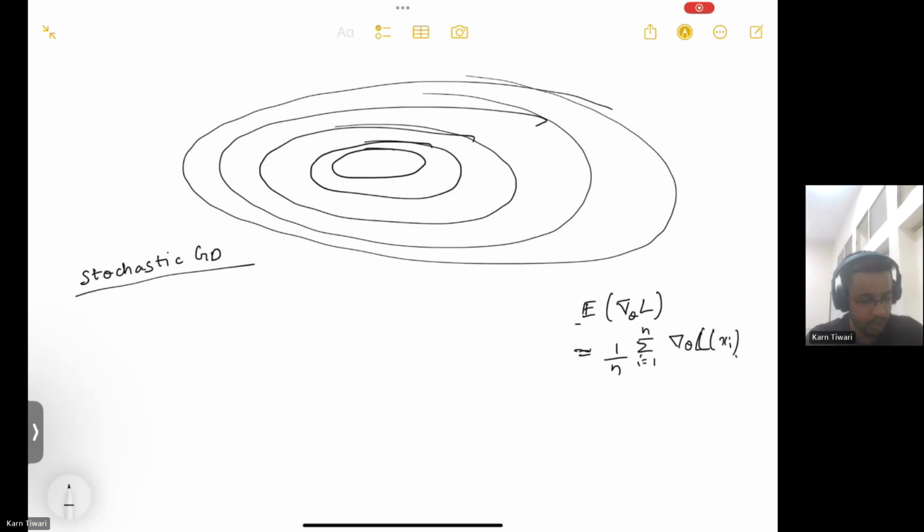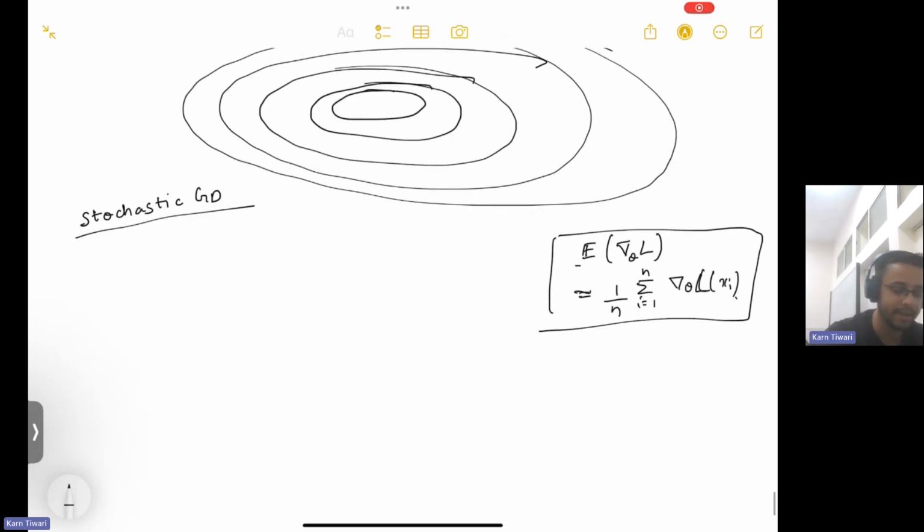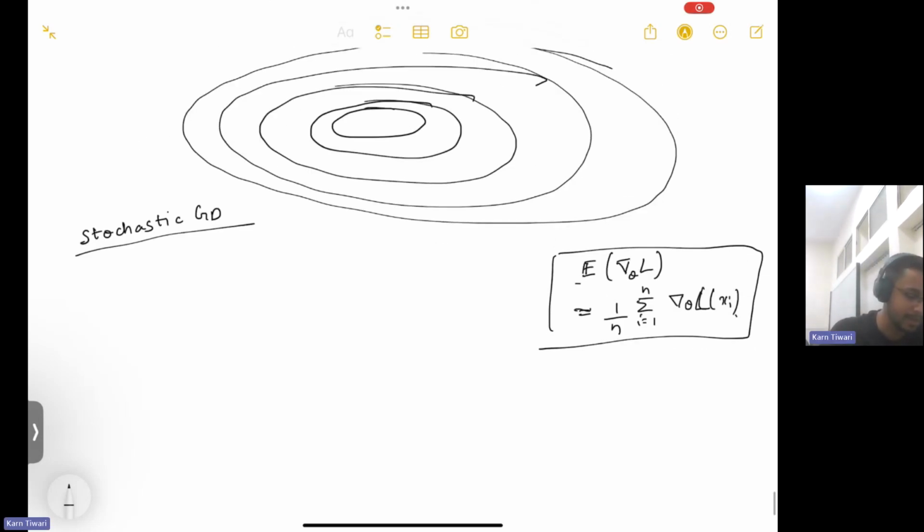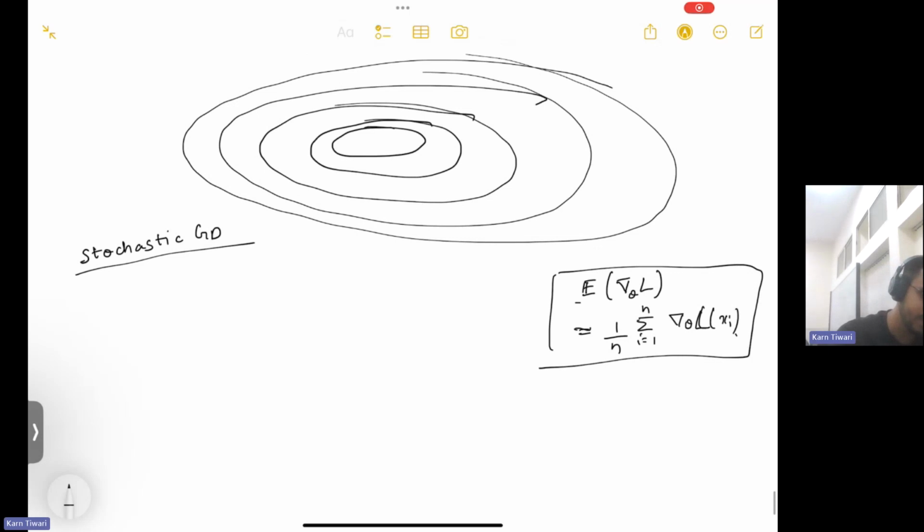So this is a Monte Carlo approximation of the gradient. In normal gradient descent, we take a gradient with respect to all the variables. But if you take a gradient with respect to just one point, in the expected sense, it's equivalent to normal gradient descent. I hope this point is clear, because in the whole descent we are doing del theta, the expected value with respect to all the data points.